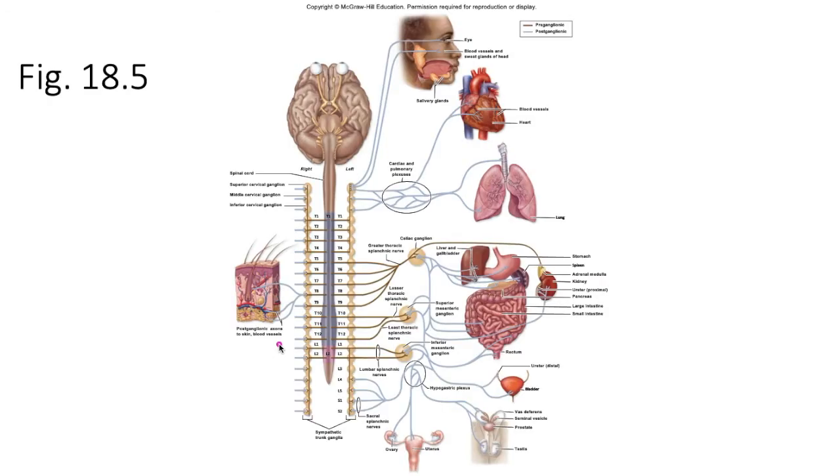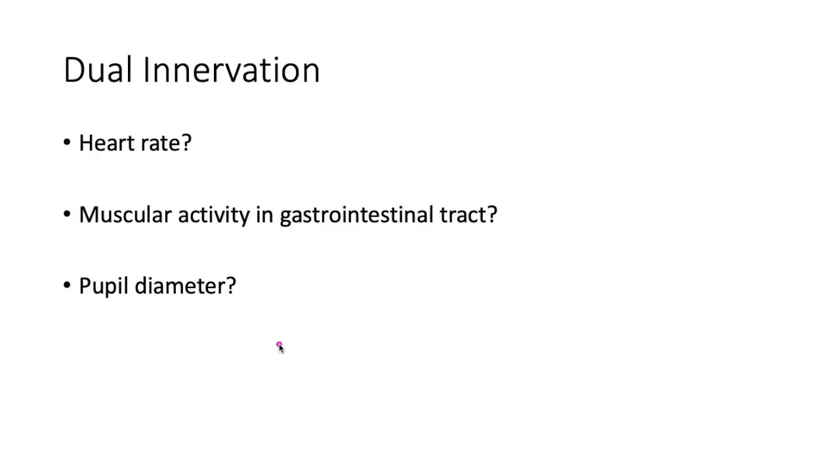One last concept that is very easy at this point, hopefully, is this idea of dual innervation. Dual meaning two things, and often two things that are opposite of each other. It's generally what we meant by a duel, like two guns pointing at each other. That's somebody who's dueling.